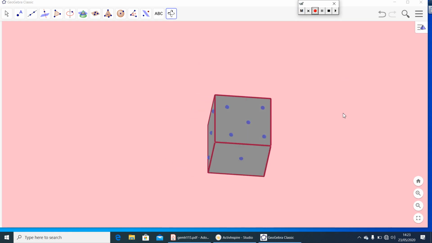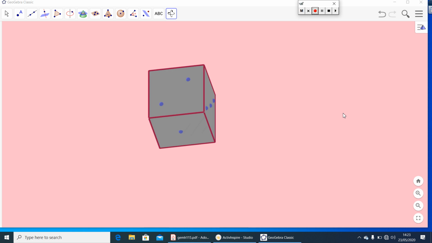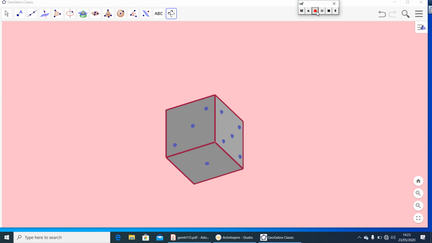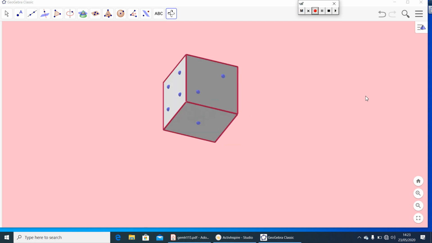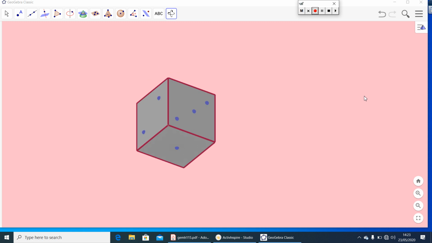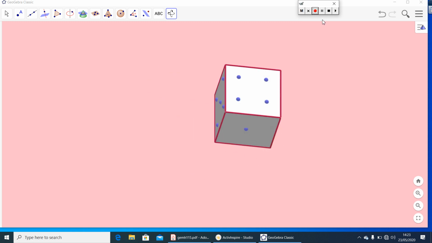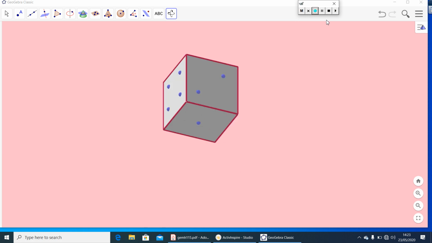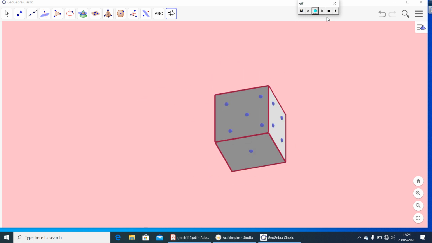Here you have a die. Dice are cubes which have dots on their faces. There is a speciality in the number of dots on each face.